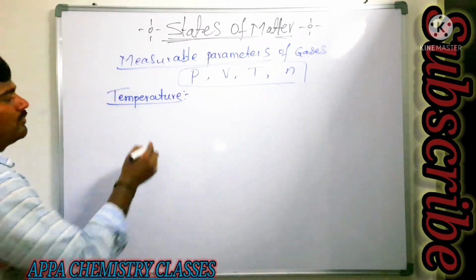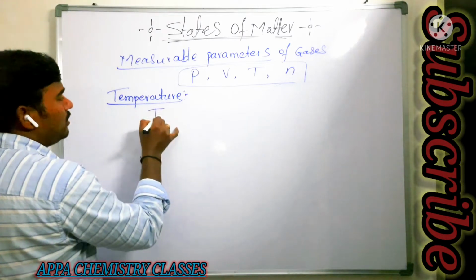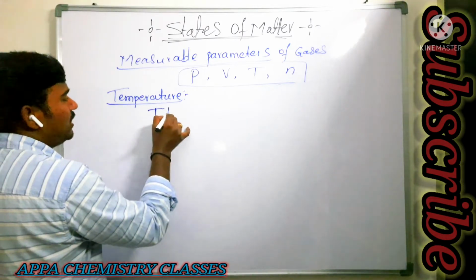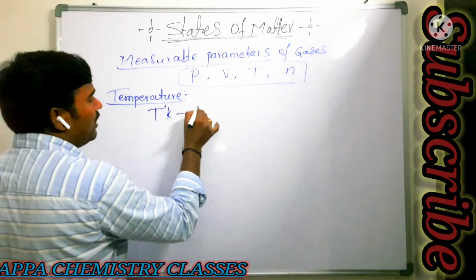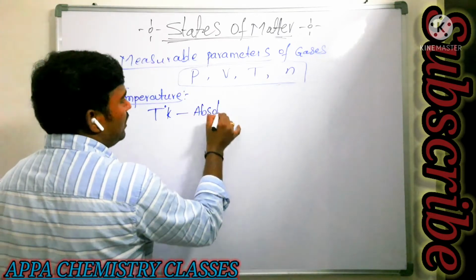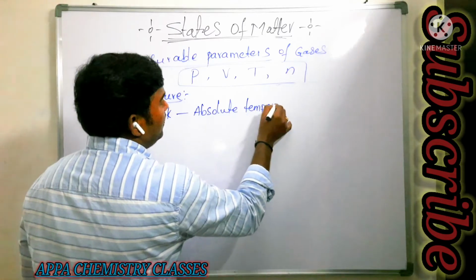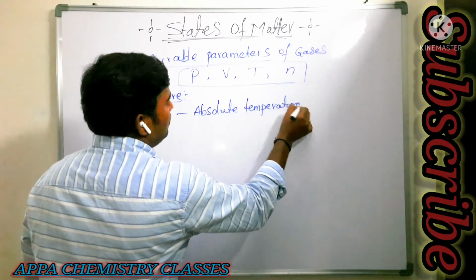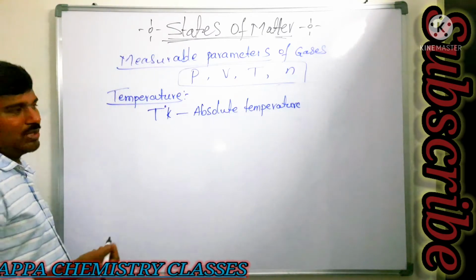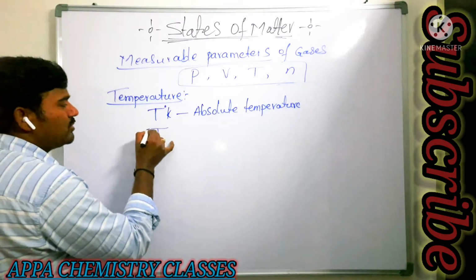How are you going to convert to degrees Kelvin? The temperature which is measured in degrees Kelvin is said to be the absolute temperature. What is meant by absolute temperature here? The temperature which is measured in degrees Kelvin is said to be the absolute temperature. Now how do you get the absolute temperature?